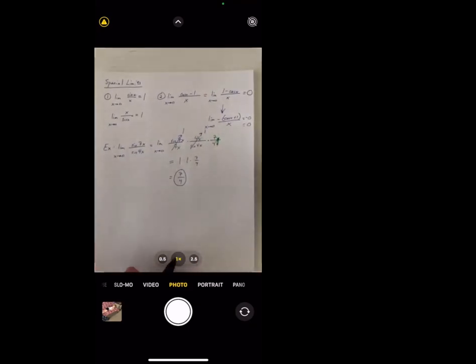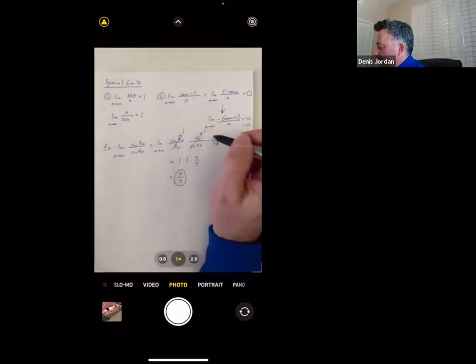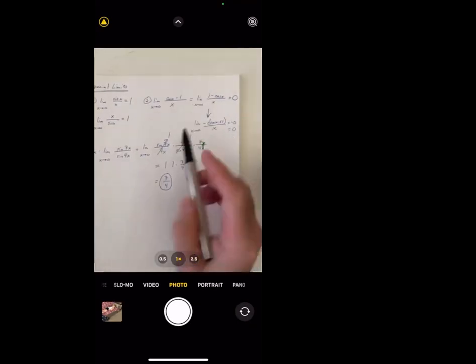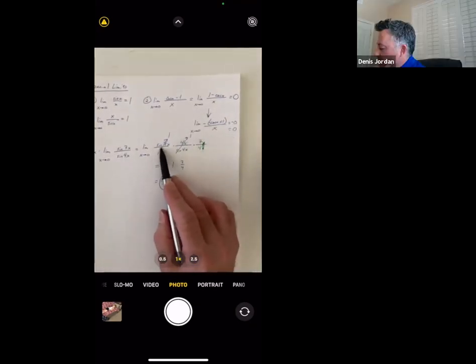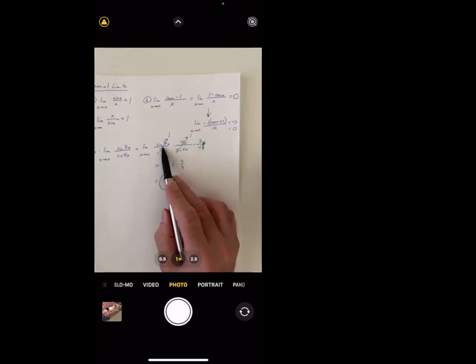Could you explain one more time why you multiply it over 7x over 4x? Because you need the exact same thing on top as you do on the bottom, right? So you put a 7 down here on the bottom. So where else do you have to put a 7?